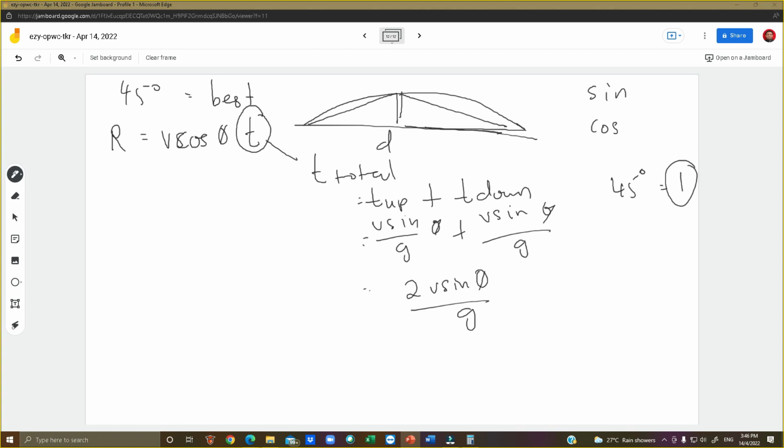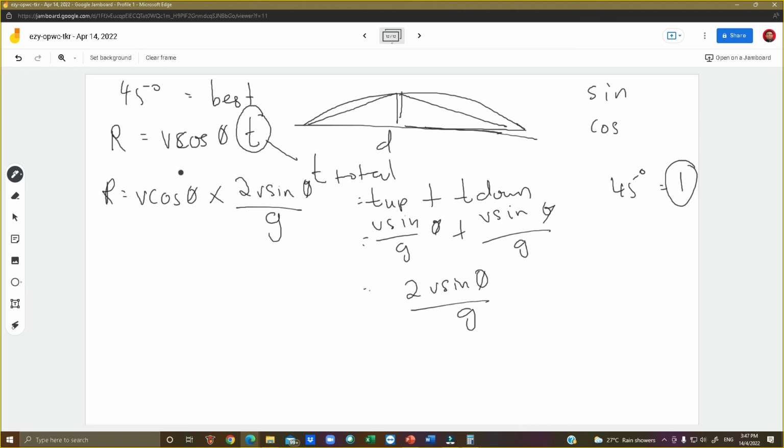So based on that, we are going to calculate. We are going to substitute T ni dengan value ni. Jadi kita akan dapat R equals to V cos theta times with 2 V sin theta over G. Okay, darab masuk.